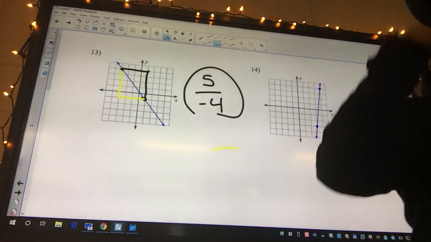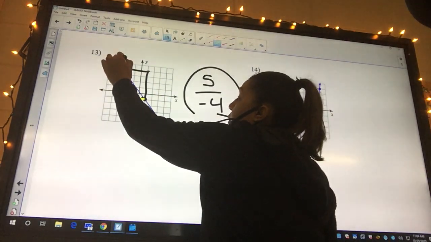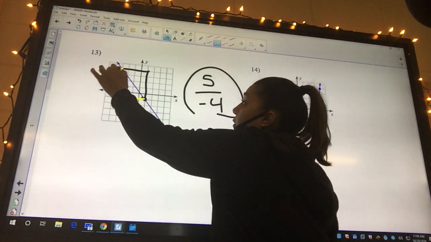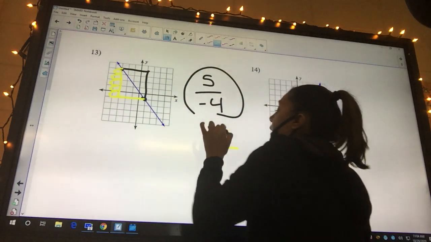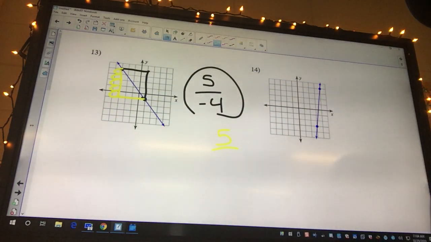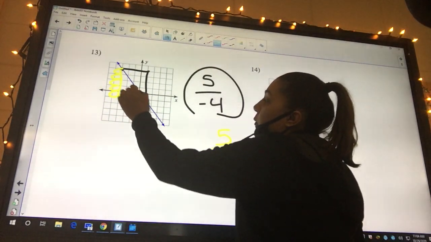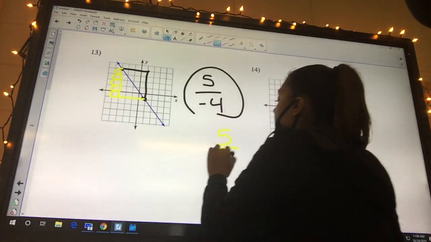Rise means up and down. So you have to count this first, which means you would need to go down. 1, 2, 3, 4, 5. I could see how you could mix them up, because then you always go from the one to the other. But it even screws it up a step further, because if we run 1, 2, 3, 4 still.